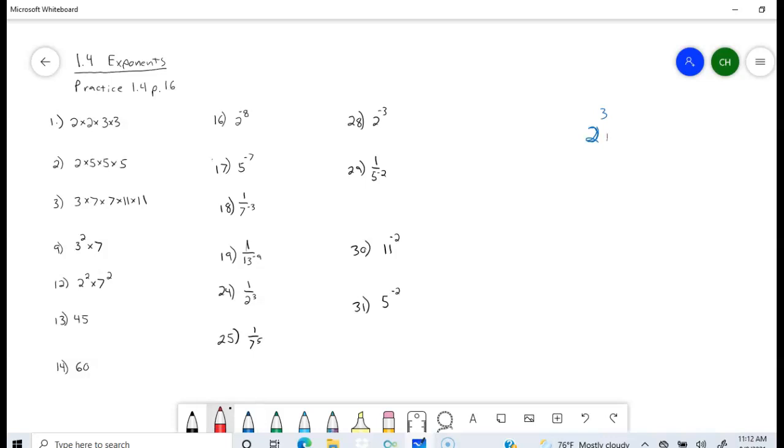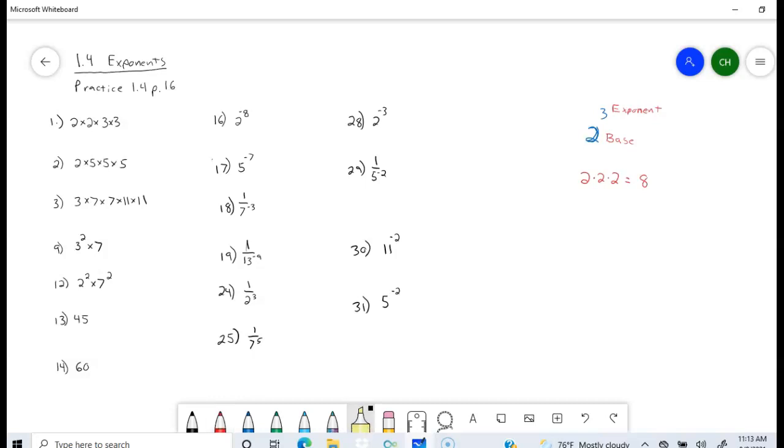This is your exponent. 2 is your base, and 3 is your exponent. So this is equal to 2 times itself 3 times, which equals 8.